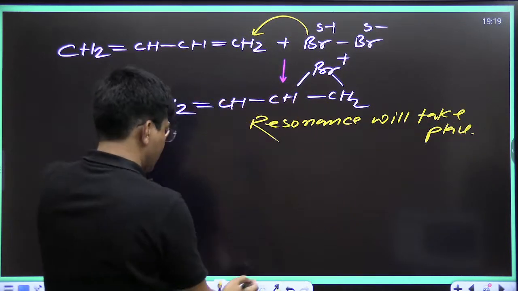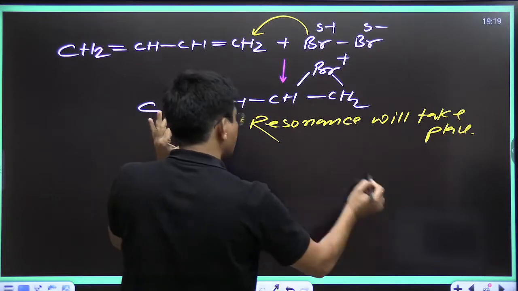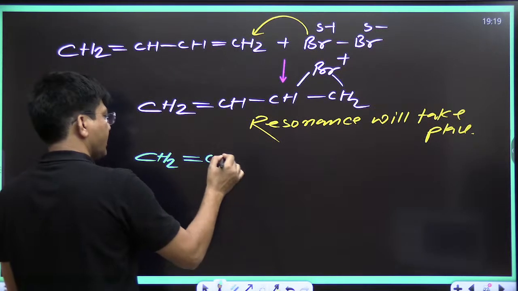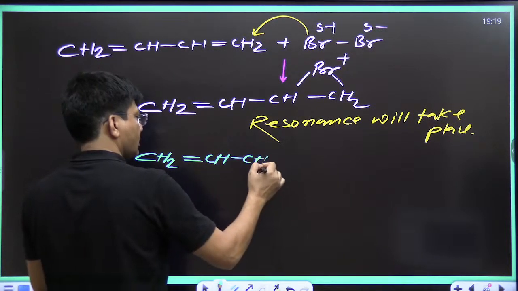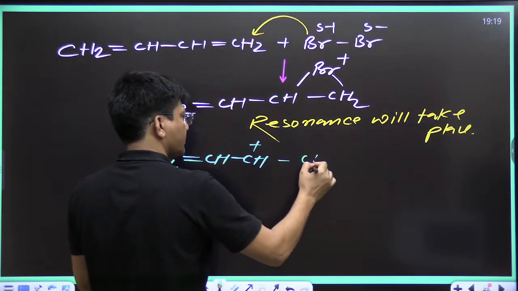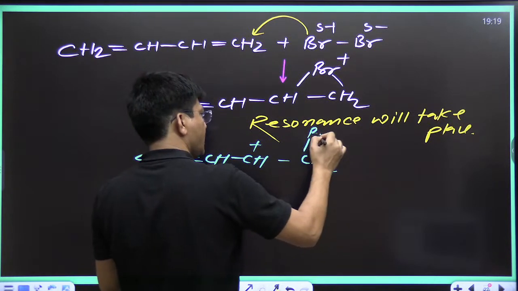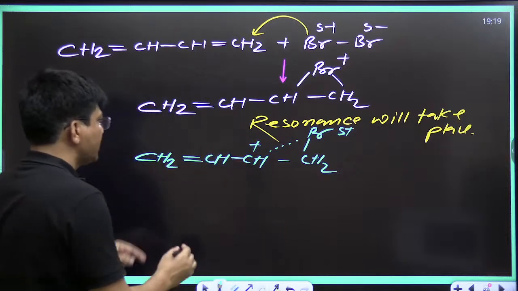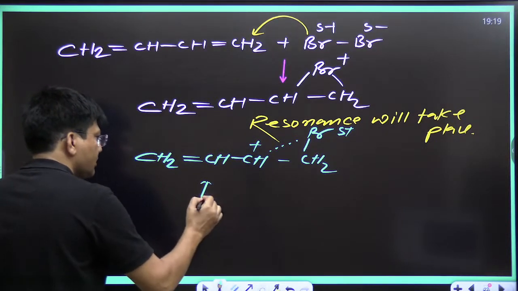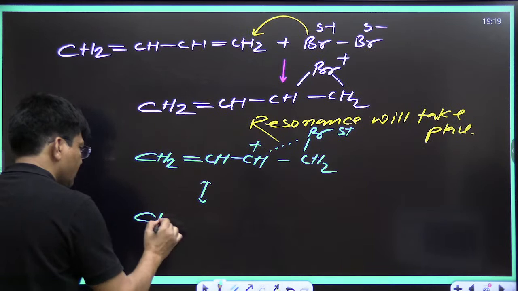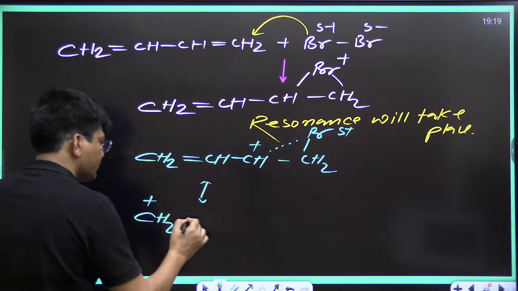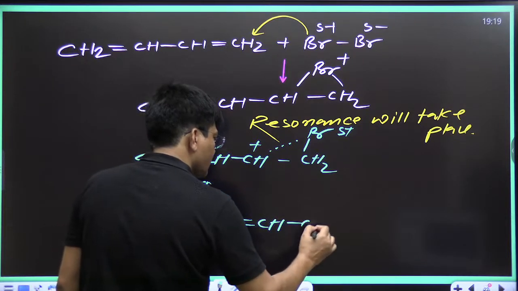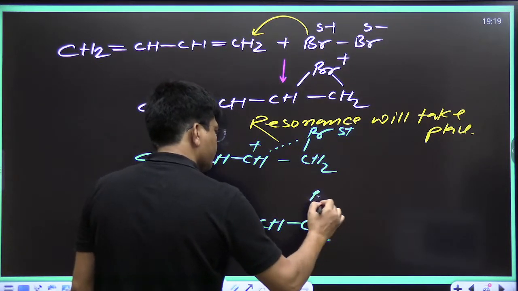For your simplicity, for the moment, let me write it like this, just to explain to you: CH positive, CH2, Br delta positive. Now the resonating structure will look like this: CH2 plus, CH double bond CH, CH2 Br.